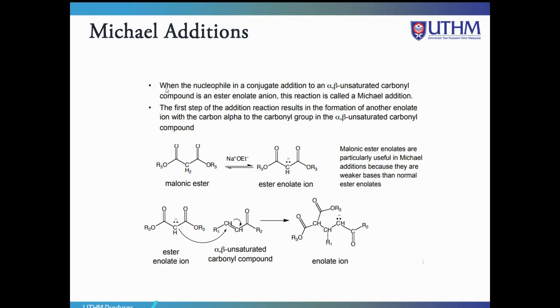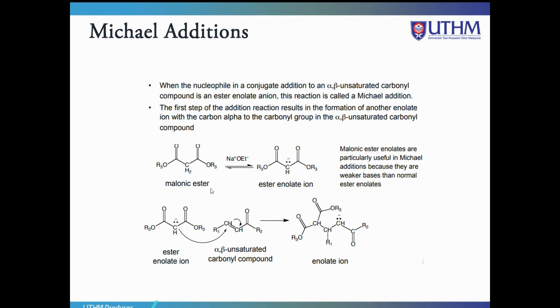Michael addition. When the nucleophile in a conjugate addition to an alpha-beta unsaturated carbonyl compound is an ester enolate anion, this reaction is called a Michael addition. The first step of the addition reaction results in the formation of another enolate ion, with the carbon alpha to the carbonyl group in the alpha-beta unsaturated carbonyl compound.